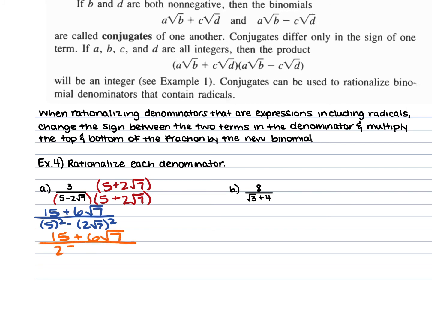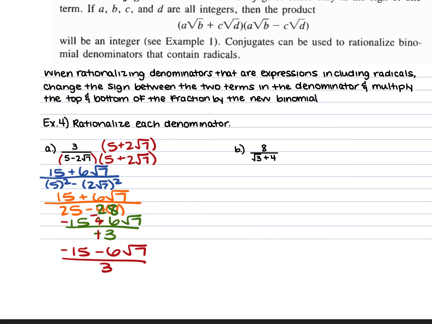The 5 squared is 25. The 2 square root 7 squared gives us 4 times 7. The 4 times 7 is 28. So if we combine these, we have 15 plus 6 square root 7 over negative 3. We don't ever leave a negative in the denominator, so we're going to change these signs up. And we're going to have negative 15 minus 6 square root 7 all over 3.